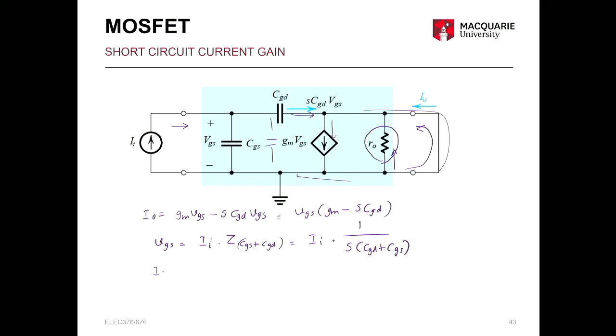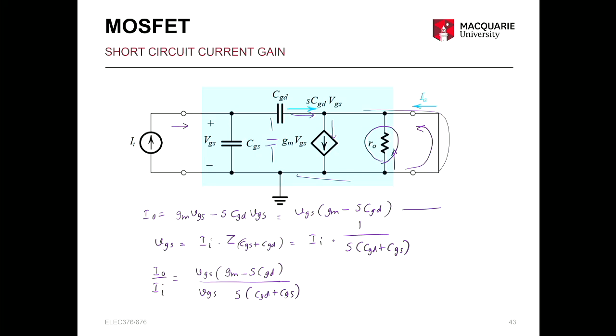So we can find I naught divided by I_i, which is the short circuit current gain, as VGS times (gm minus s CGD) divided by VGS times s (CGD plus CGS).